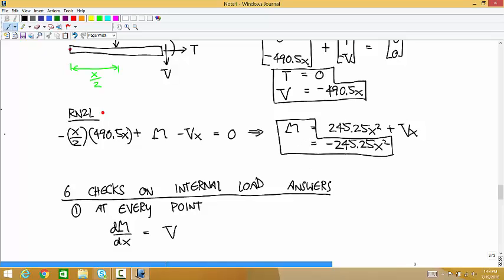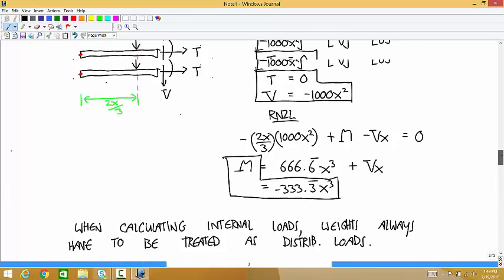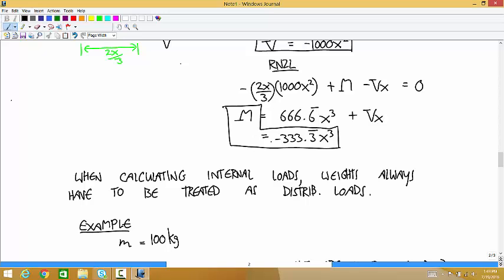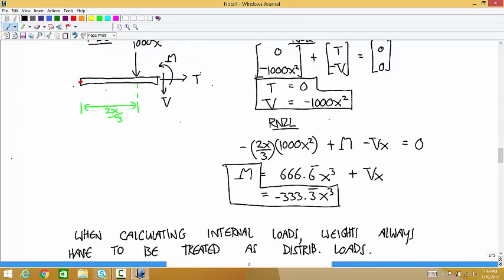But dm/dx is equal to negative 490.5x, so it works in that one. The example before, dm/dx is equal to negative 1,000x squared, so it works in that one. And so a lot of times if you make a mistake, if you do this check and the other ones that I'm going to talk about, you can find errors that you made.